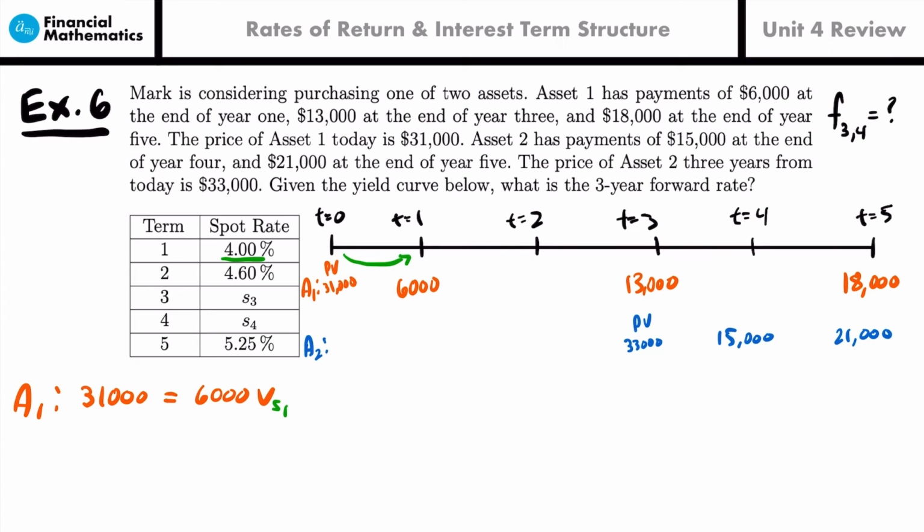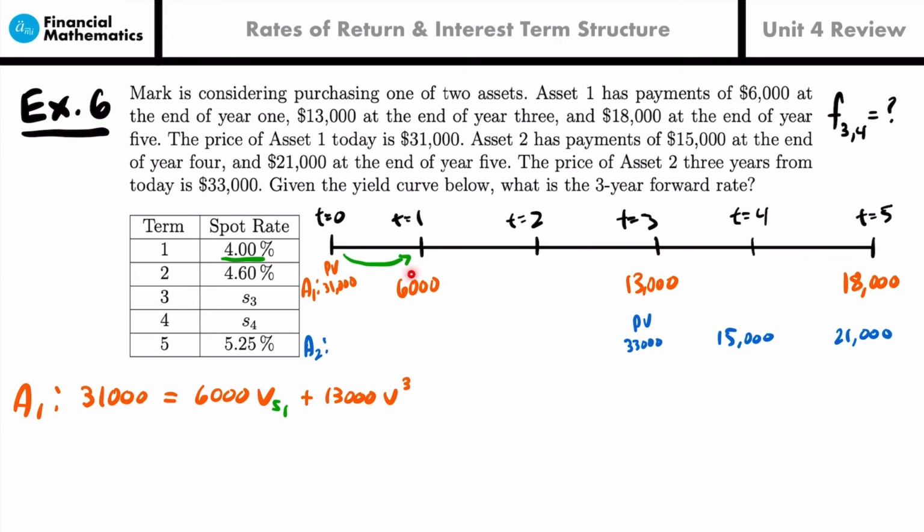Now let's move on to our next cash flow. We have 13,000 at time 3, but that needs to be brought back 3 periods. So we have 13,000 times V cubed, a present value factor cubed. But now what interest rate would we use for that present value factor? Well, we can't use S sub 1 like we just did. We need to use a different spot rate, in particular a spot rate for a 3-year term length.